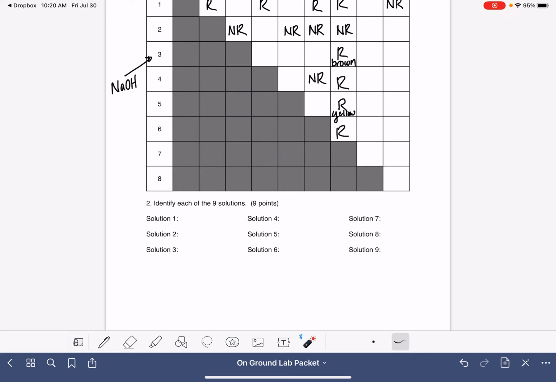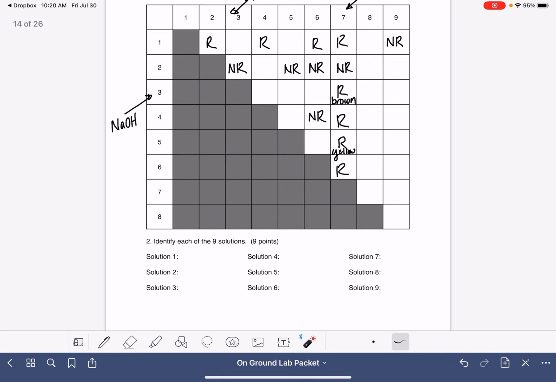You might get to a point where you could say, for solutions 5 and 6, I know one of these 2 solutions is NaOH and the other is NaCl, but I'm not going to be able to distinguish between the 2 of them. And that's okay as long as your data supports that. If I look at your data and I come to the same conclusions, that I can't identify specifically which one is 5 and which one is 6, which one is NaCl, etc., then you'll be fine.